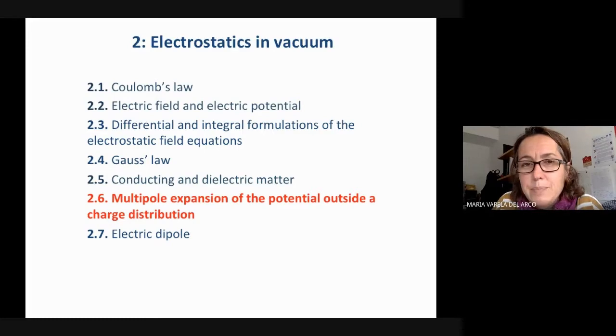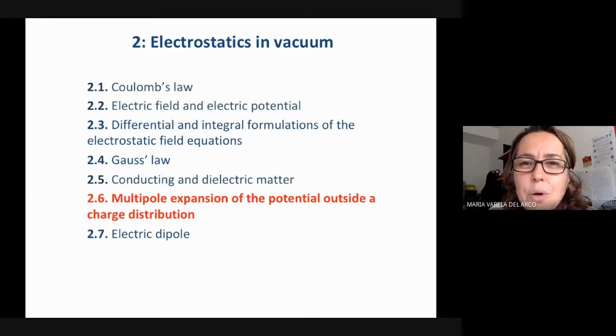So this particular class of problems allows approximating the potential by a series which is related to a Taylor series, and mathematically what we'll do is an expansion, a Taylor series, of the 1 over the distance term which appears in the potential.